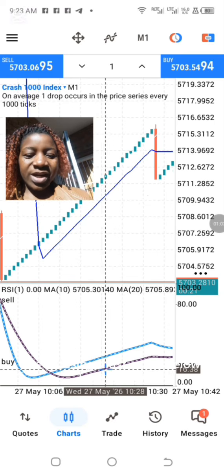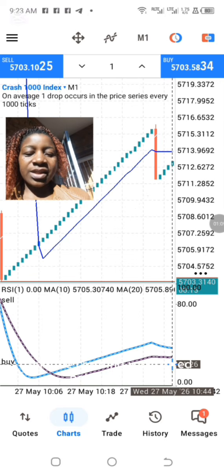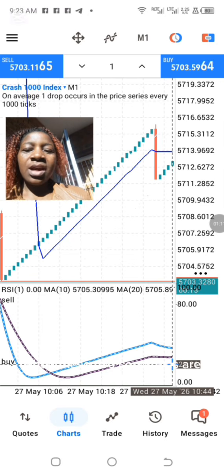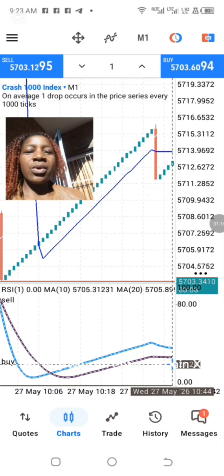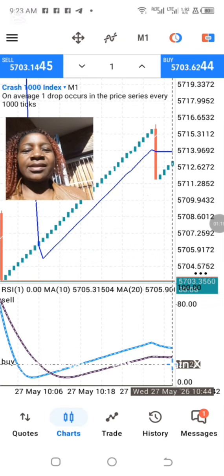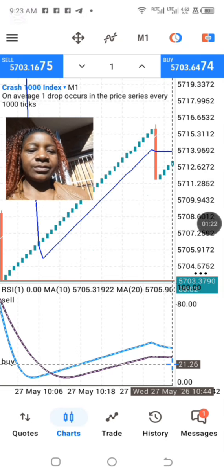The crossing must occur below level 20. As you can see here, this is the crossing, and it has occurred below level 20. When these two conditions are met, we can enter on PainX on World Trade, we buy, and you take your 10 candles.